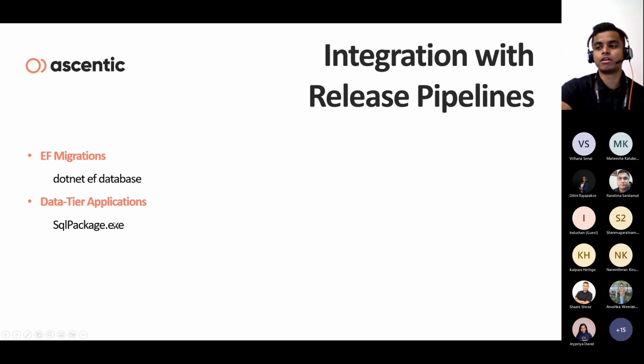To get this package onto your build agents, you need to install it manually. It is an additional step that you need to follow. However, both strategies allow us to integrate with release pipelines.